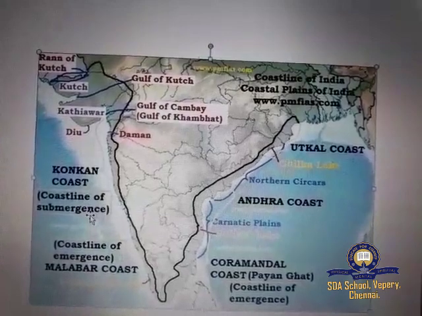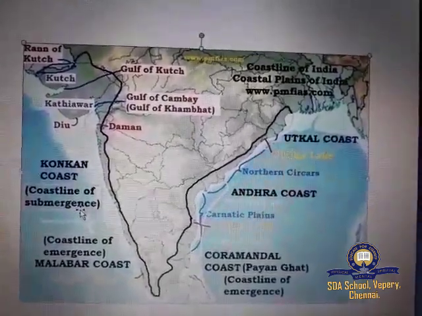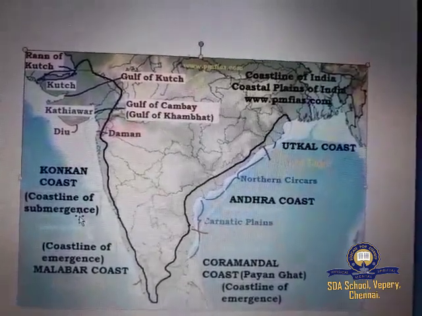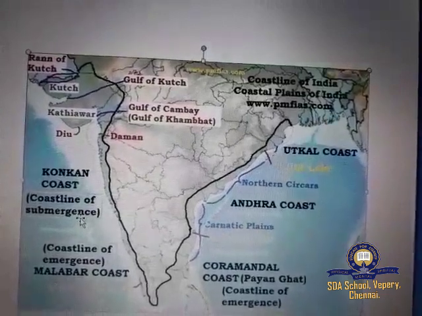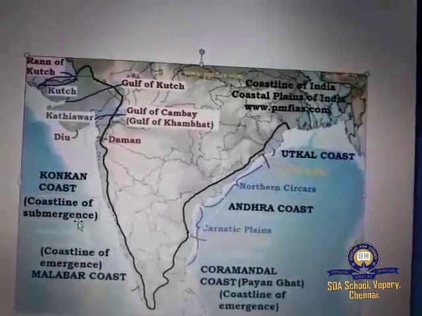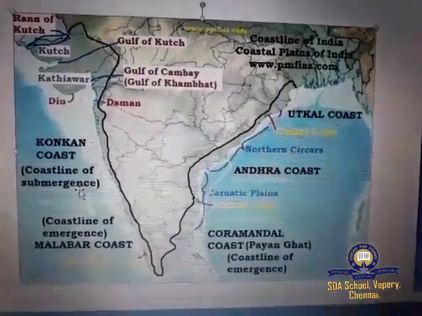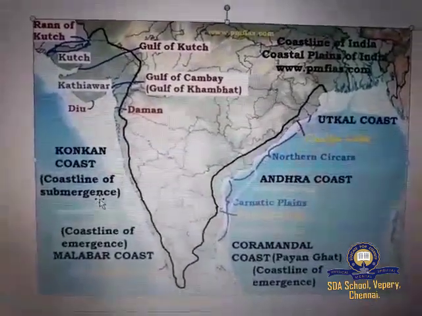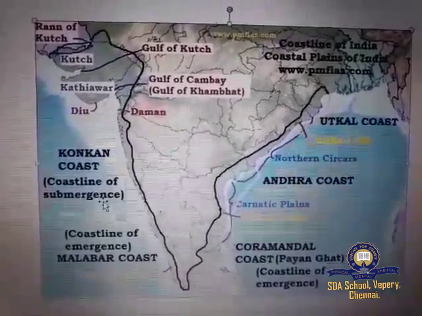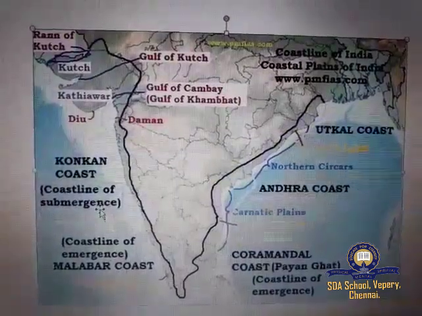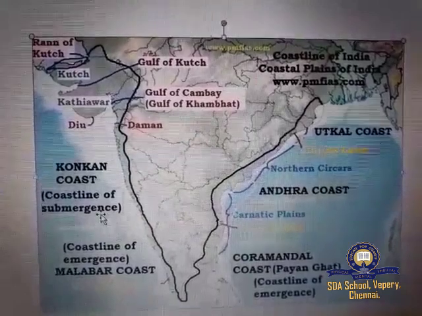The eastern coastal plain. It lies between the Eastern Ghats and the Bay of Bengal and stretches along the states of West Bengal, Odisha, Andhra Pradesh and Tamil Nadu. The coastal plain consists mainly of recent alluvial deposits. This coastal plain has a regular shoreline with well-defined beaches.